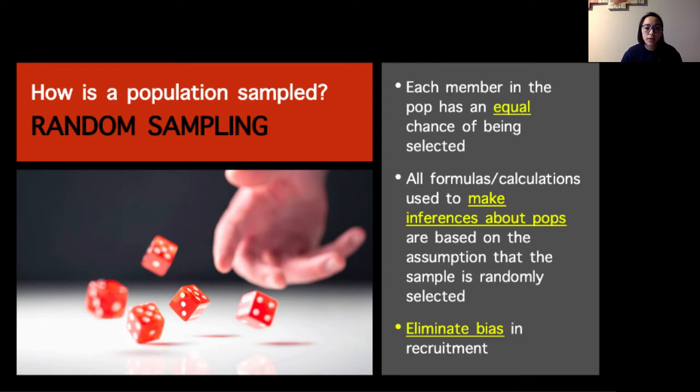If I already know those people are working out X number of days out of the week, I have now introduced bias into the results that I could potentially get from the study. So random sampling prevents or limits the amount of bias that can be introduced into the sample.